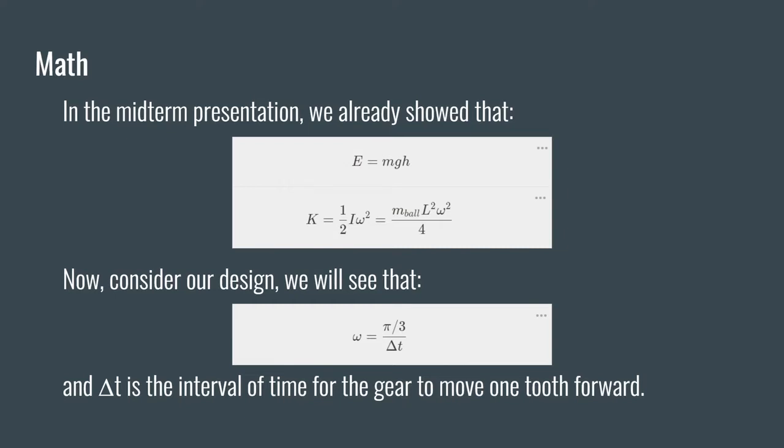Since the angle between two rods on the pendulum is designed to be 120 degrees, when the gear rotates by one tooth, the pendulum rotates 1/3 of pi.